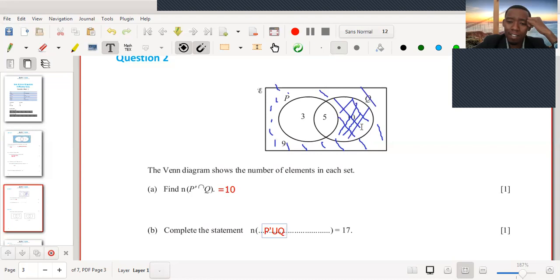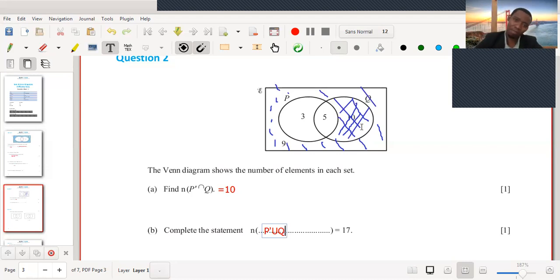Because if I take P complement union Q, I'll be having 10 plus 9.